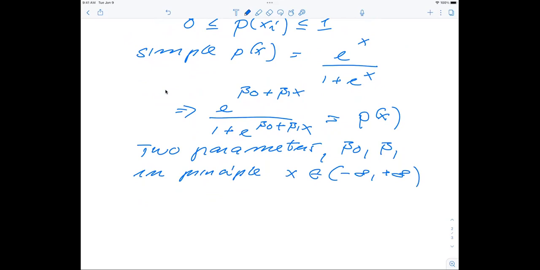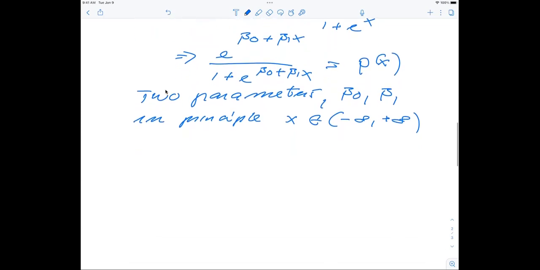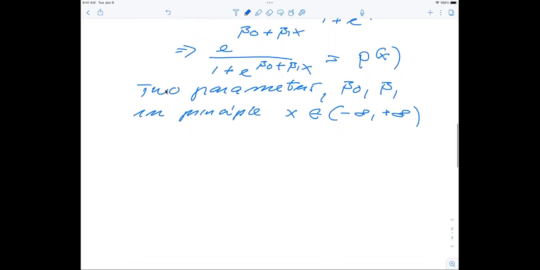Now, this function here is normally the function which we call the sigmoid, or the logistic function, or it has many, many different types of names, but the sigmoid function is the most common one. Now, one thing you will also see is that this function is normalized. We have two outcomes. If p of x is less than 0.5, then y is equal to 0, or it could be -1.